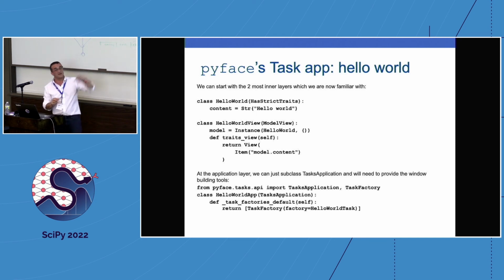So I created another class, and it's a model view. And so the model is an instance of my hello world. And then I'm defining a view for it in this model view class. I'm going to take a short second here to mention that so far, we've been defining views directly inside the model view class.